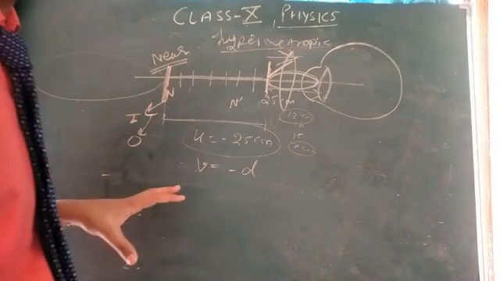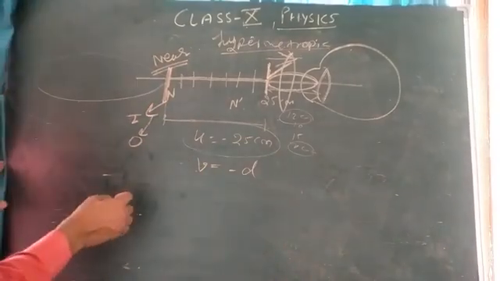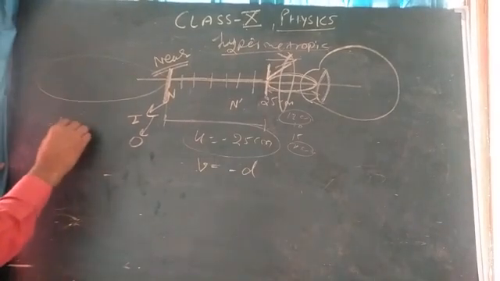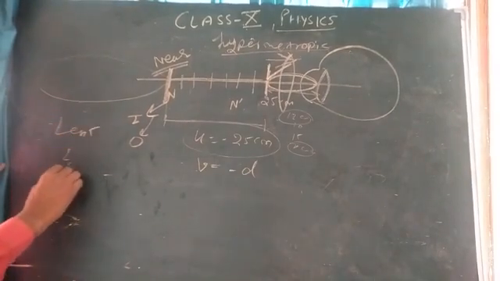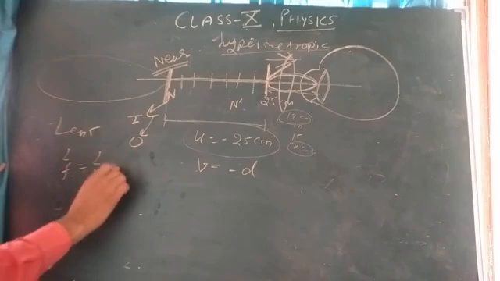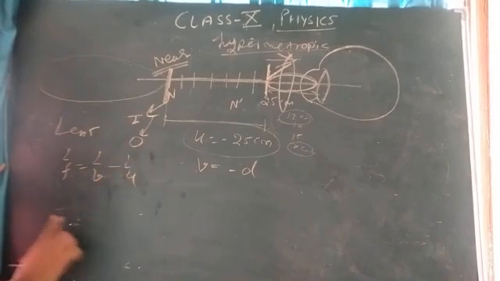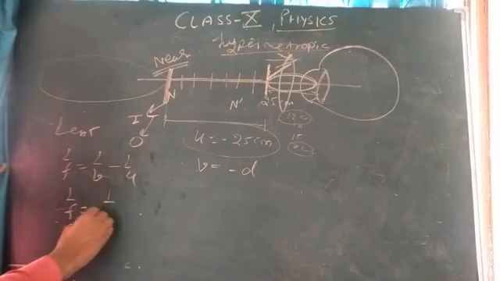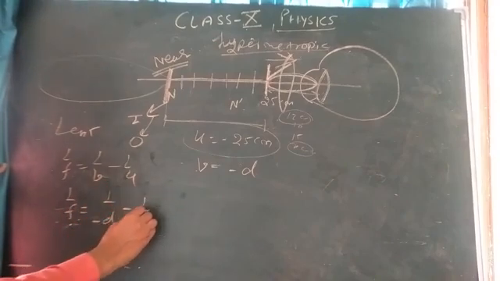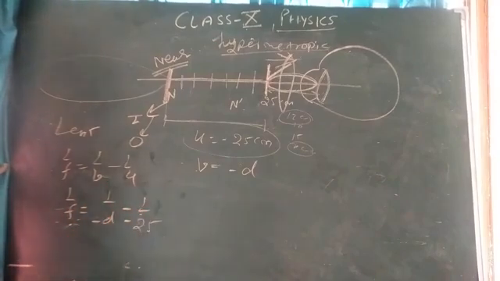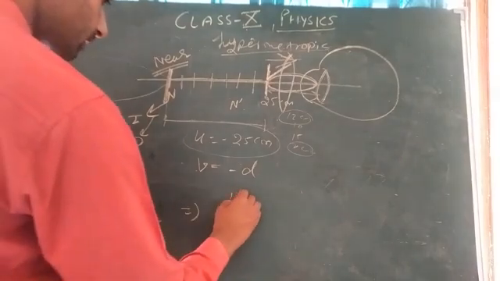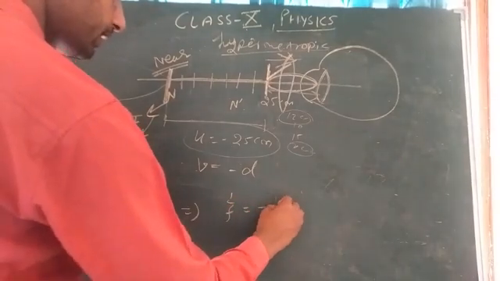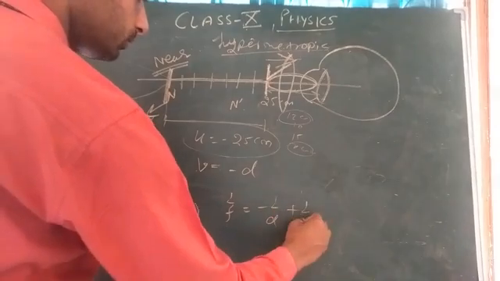given in the question. Okay, so by using the lens formula, 1 upon f equals 1 upon v minus 1 upon u. So 1 upon f equals 1 upon minus d minus 1 upon minus 25 centimeter. So 1 upon f equals minus 1 upon d plus 1 upon 25.